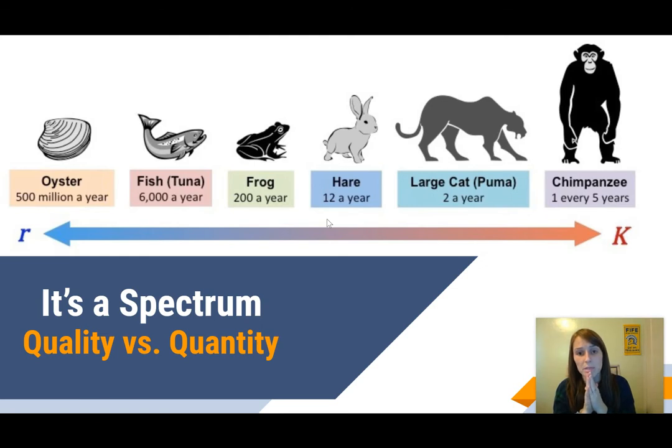Additionally, if danger comes up, that mama rabbit will leave her babies to die very quickly because she knows she can have a few more in a month. Versus a chimpanzee, which will potentially fight to the death to protect its one baby. So just be aware that it's not only R-selected species and only K-selected species. It is a spectrum that organisms can fall into, and they can show different variations of how much parental care they give and how many offspring they have.